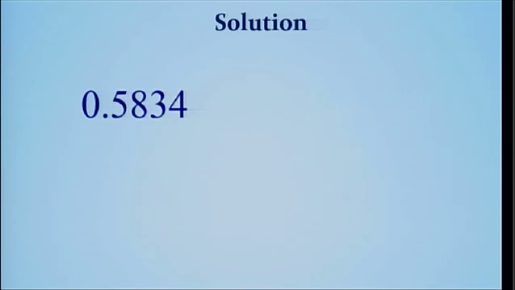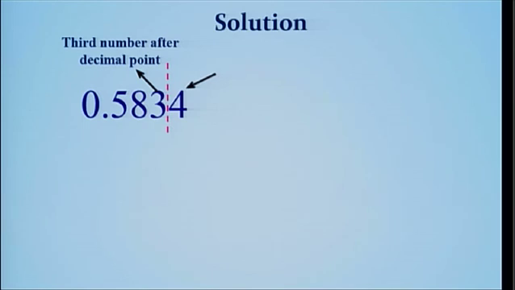But how are we going to do this? So we have 0.5834. We are going to write this number to 3 decimal places. So we are going to keep the 3 numbers after the decimal point. But first we need to analyze the number which comes immediately after the 3rd decimal point.